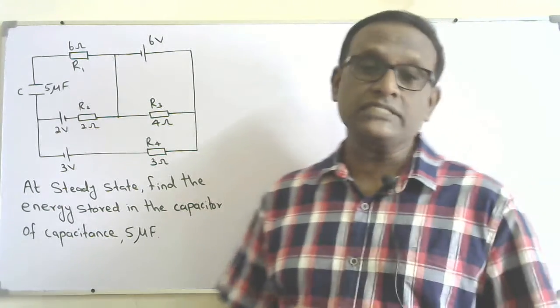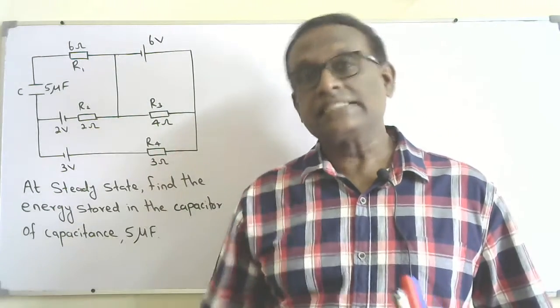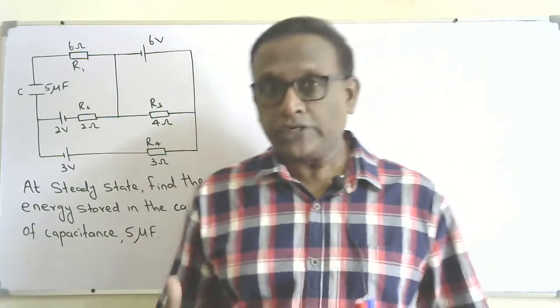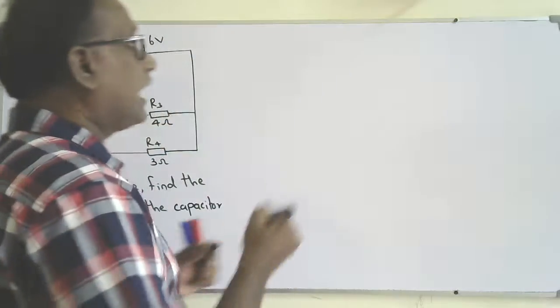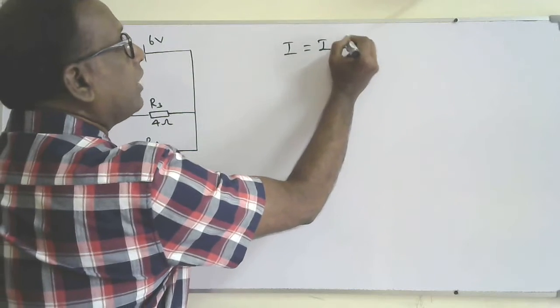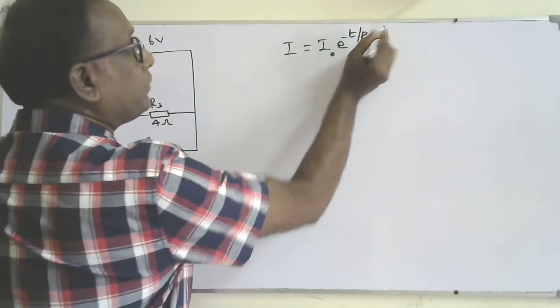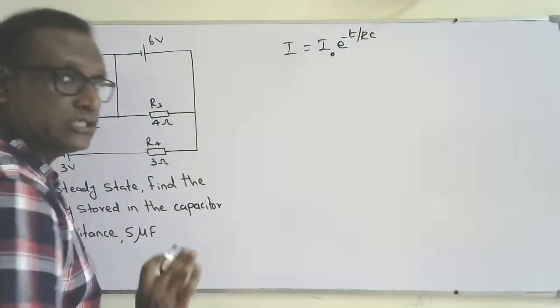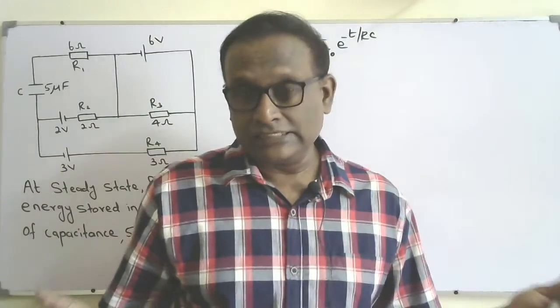During the charging process, current flow in the external circuit decreases exponentially according to I equals I naught e to the power minus t over RC. But we don't need any of these equations in this question; I'm just giving additional information.